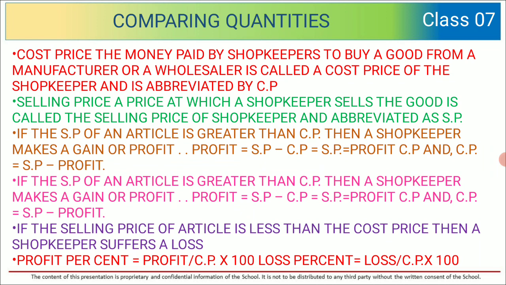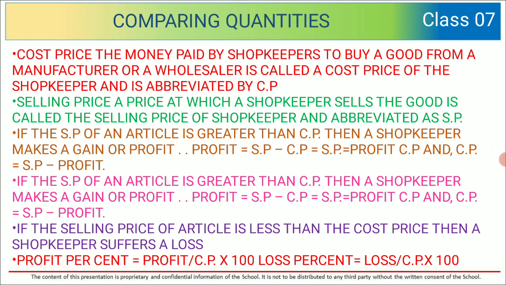Now, if the SP of an article is greater than the CP, then a shopkeeper makes a gain or profit. If I give you one example, suppose the CP of the book set that the shopkeeper has bought, that is the cost price, is 120, and the SP of the book set, that is the selling price, is 150.